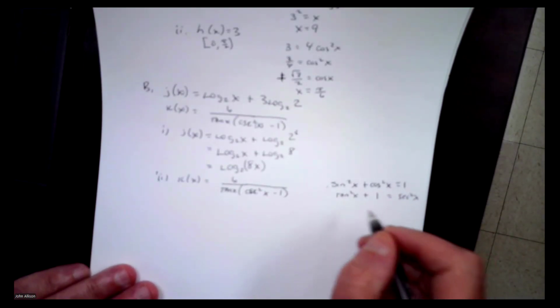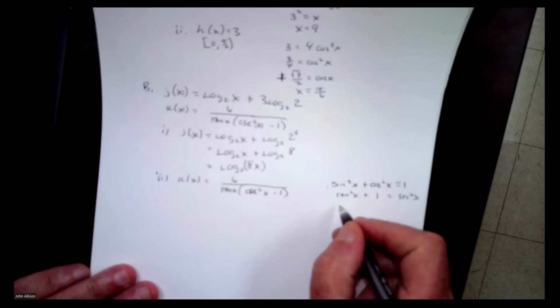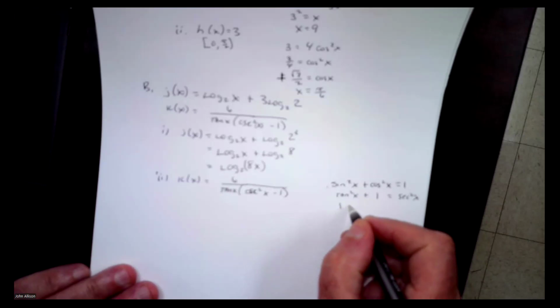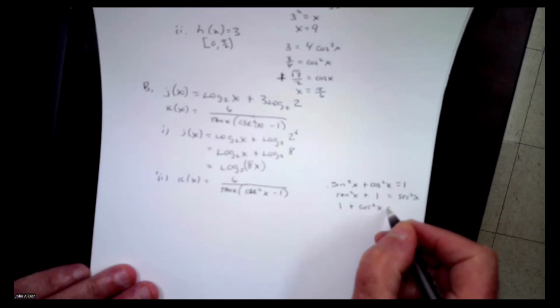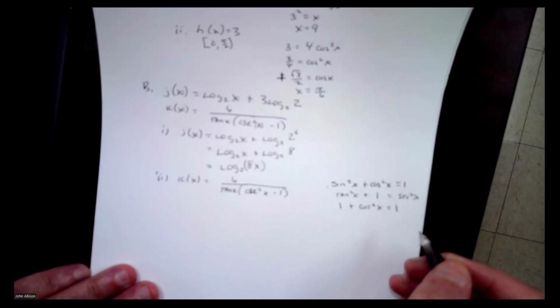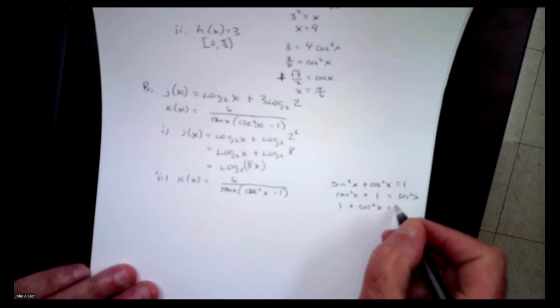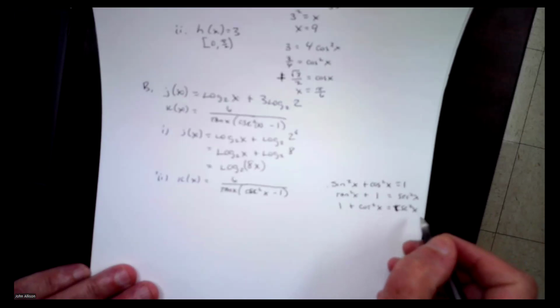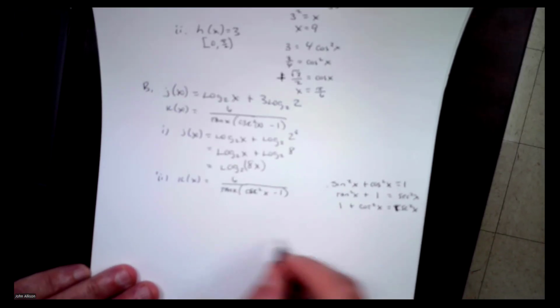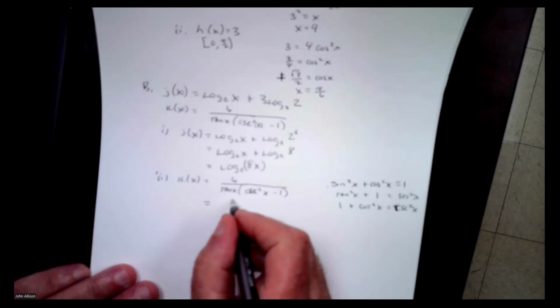If I take the original Pythagorean identity and divide everything by sine squared x, I get 1 plus cotangent squared x equals 1 over sine squared x, which is cosecant squared x. So cosecant squared x minus 1 is cotangent squared x. I don't know why I was drawing a blank there.